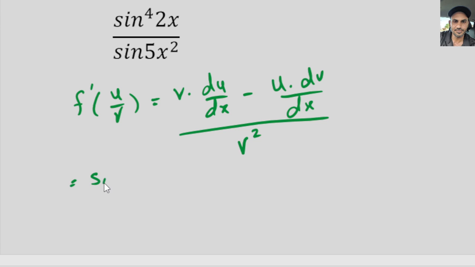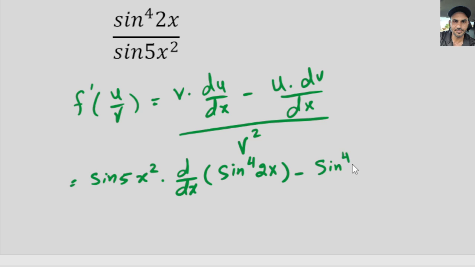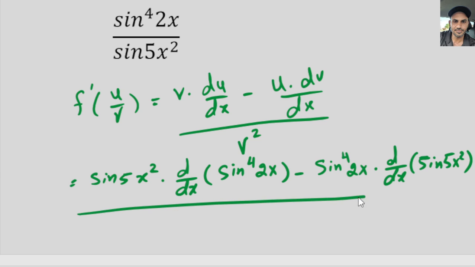v, which is sine of 5x squared, times the derivative of sine to the fourth of 2x, minus u again, which is sine to the fourth of 2x, times the derivative of sine of 5x squared, and it's divided by v squared, which is sine of 5x squared, quantity squared.